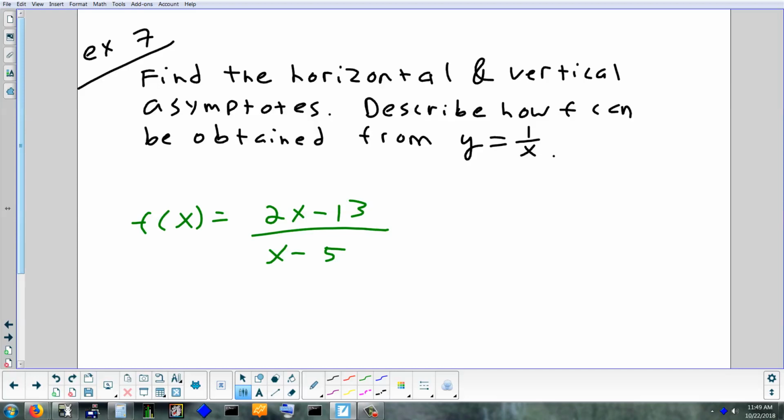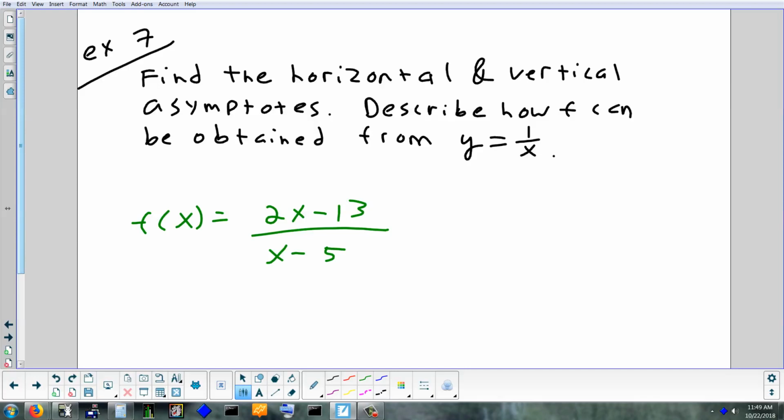If you had absolute value, you'd have to do the two different cases. This, we're not going to have to do the two cases, but we are going to have to do something that we did in that problem to rewrite this. Yep. We're going to have to divide it out.